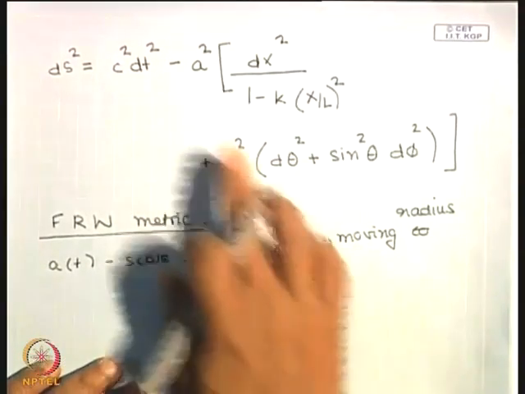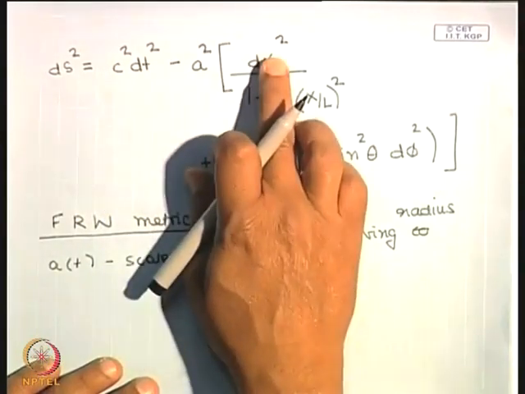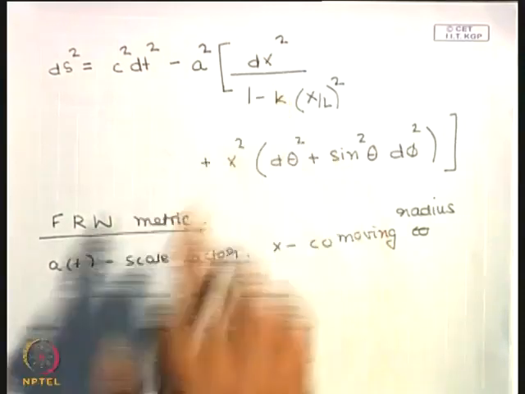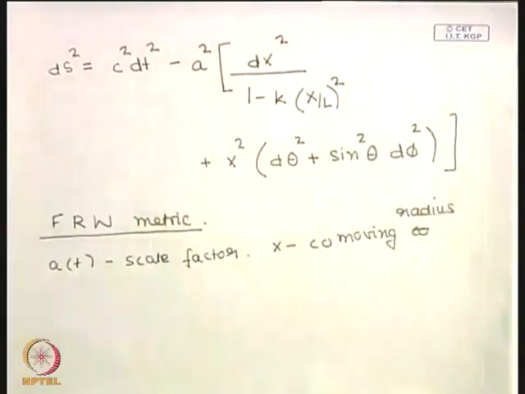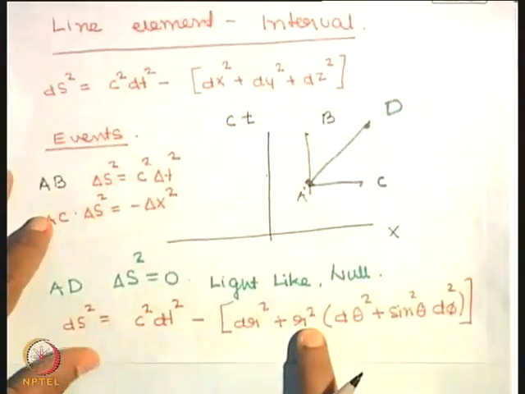It is co-moving because the whole thing is multiplied by a factor of a square. a into x tells me the length, right. The whole length in this coordinate system gets multiplied with the function a square. Okay, if a is 1, then this looks exactly like this.